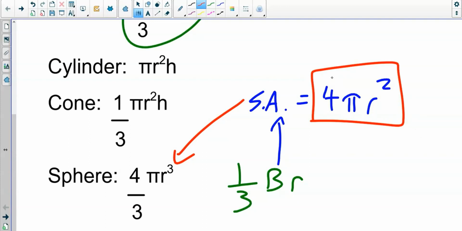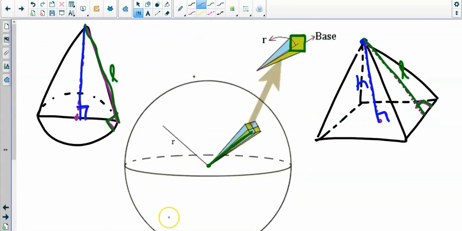The 4 in front means that in order to cover a sphere, you need to make 4 circles. That's interesting, that the surface area of a baseball, or any ball in particular, is 4 circles of the same area. Pretty cool. And the volume is just the surface area of all those little pyramids that exist inside my sphere.